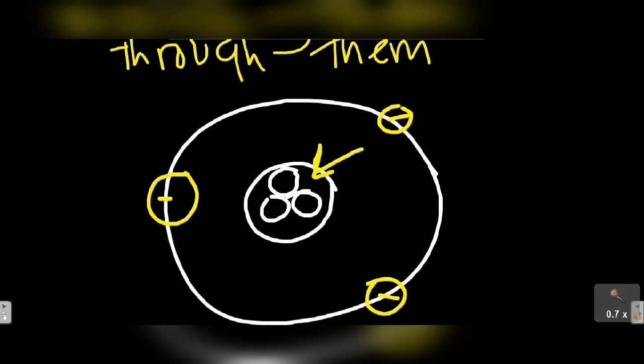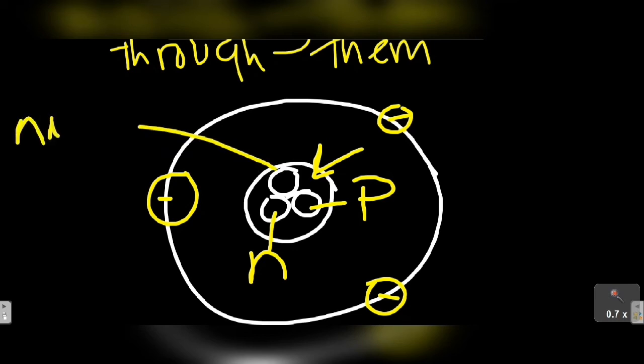In here are protons, which are represented by P, and neutrons. That is really not our focus right now. Let me emphasize this point: these protons and neutrons are found inside the nucleus.